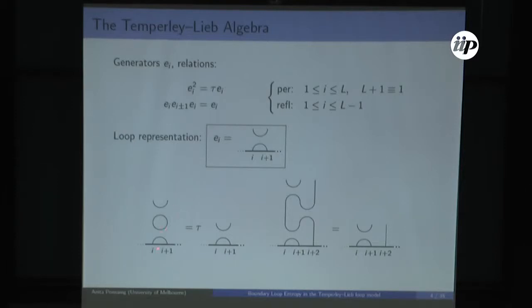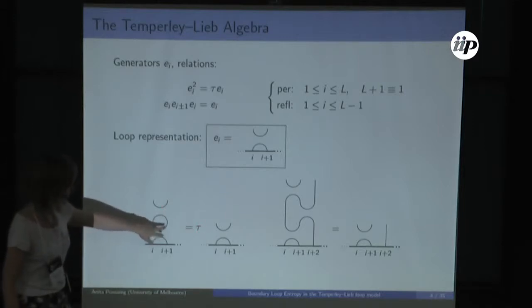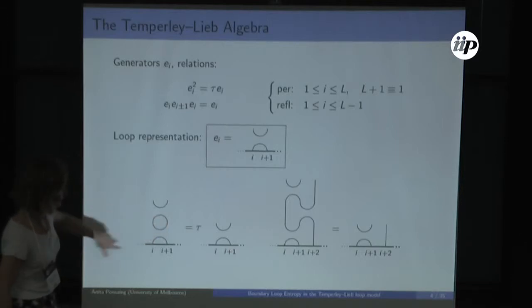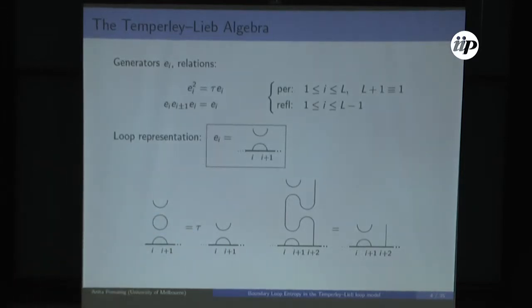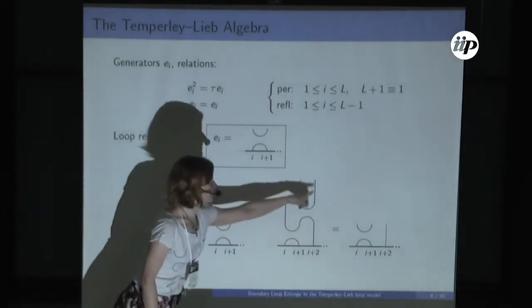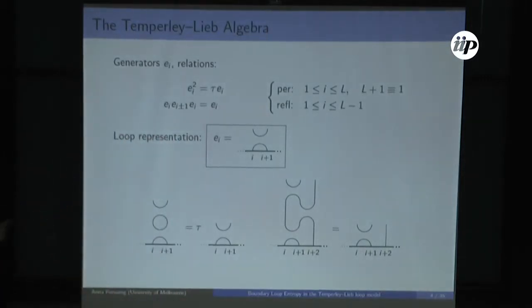So here we have e_i times e_i equal to tau times e_i. What this means is that we're taking this loop away at the expense of a factor of tau. And the second relation is e_{i+1} e_i gets replaced with just e_i, and that means that we're ignoring this curly path and only caring that this point is connected to that point. So that's the same as that point connected to that point.